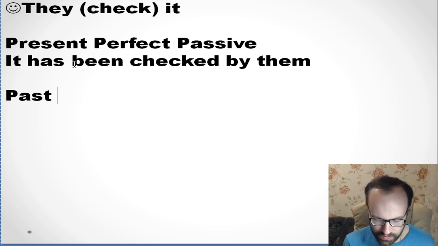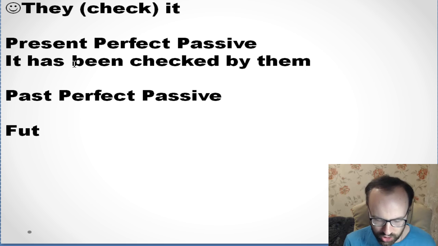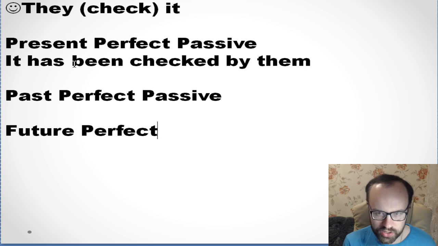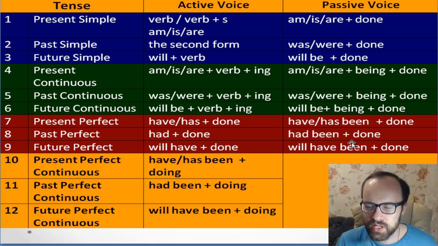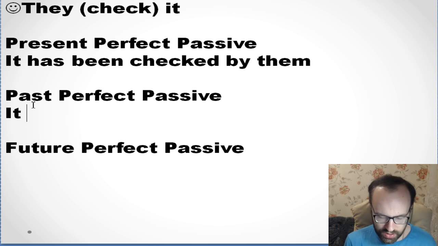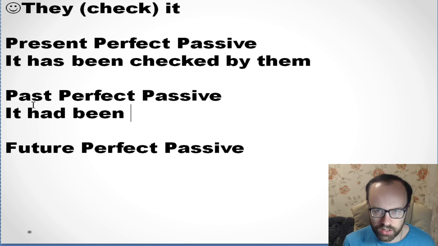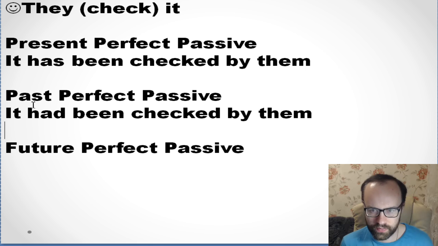Okay, next, past perfect passive and future perfect passive. Maybe it's a little bit more difficult. Anyway, past perfect passive: had been plus done, or had been plus the third form. Okay, so it had been checked by them.